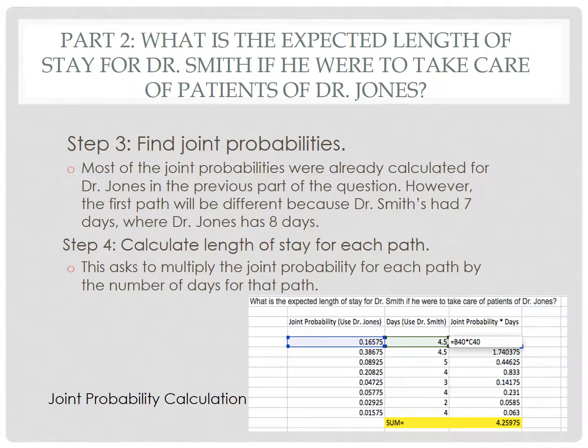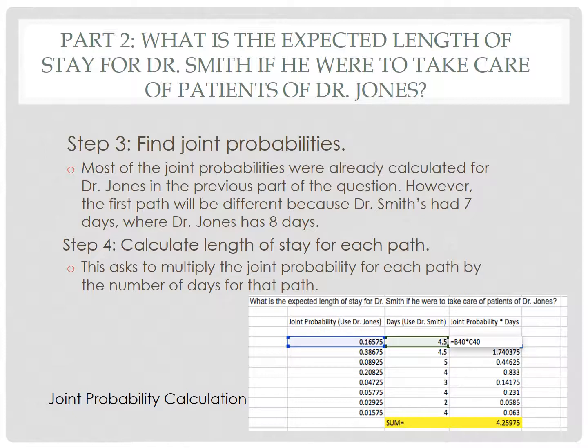We then do the same procedures that were used to find the expected length of stay for each clinician, but the joint probabilities and outcomes are swapped in this case. Most of the joint probabilities were already calculated during the first part of this assignment when we found Dr. Smith's expected length of stay. However, the first path will be different because Dr. Smith had 7 days, where Dr. Jones has 8 days.